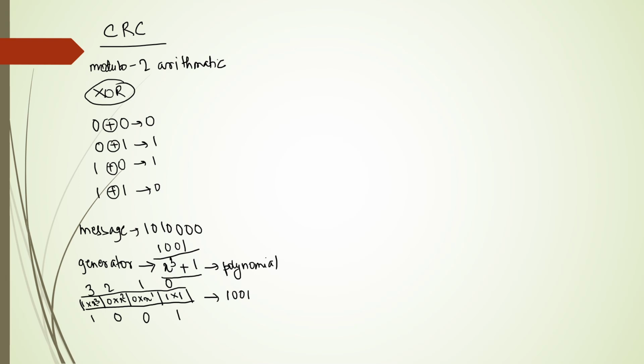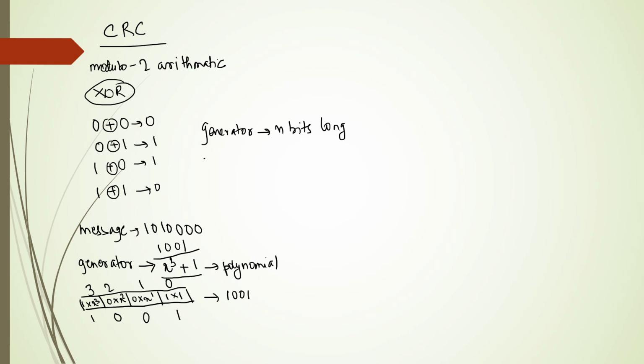Okay. Now, there is one more thing to consider: suppose the generator is n bits long. Till now we have seen in the examples that error detection and error correction are everything based on the concept of redundancy bits.